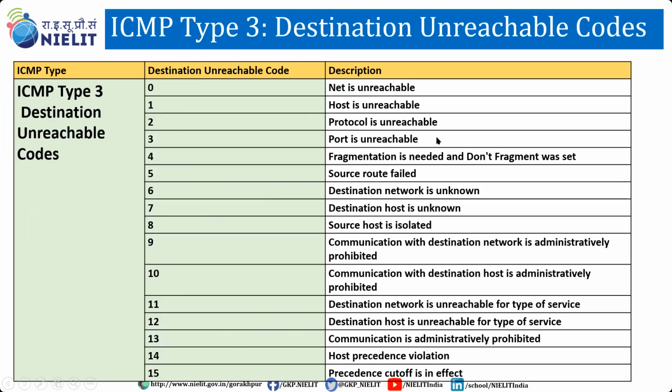Similarly, protocol unreachable means this particular protocol is not present or configured on the remote machine. Port unreachable means this particular port is not reachable due to a firewall or due to non-configuration of the port. These messages are not related to ping only.